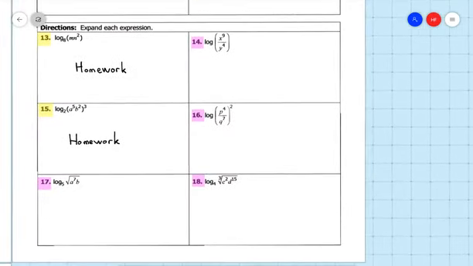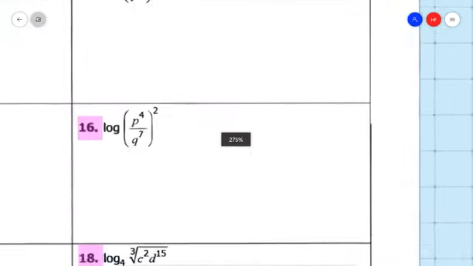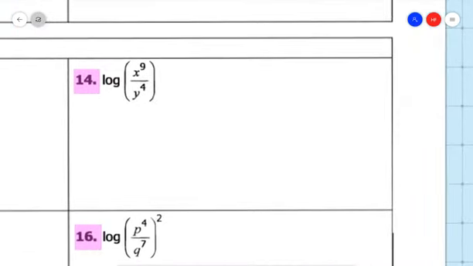And then on this last section, we are now expanding. So we're given this single log with a base of 10, because it doesn't say. And then we have the subtraction. So we're going to take log base x^9 minus log y^4.